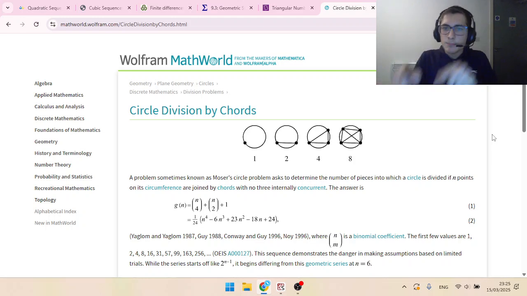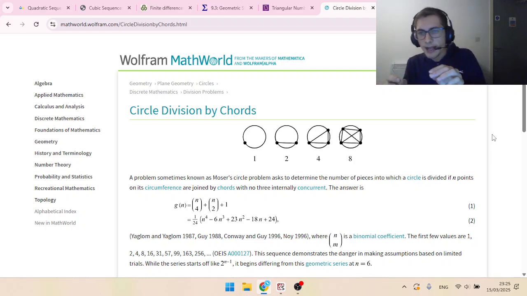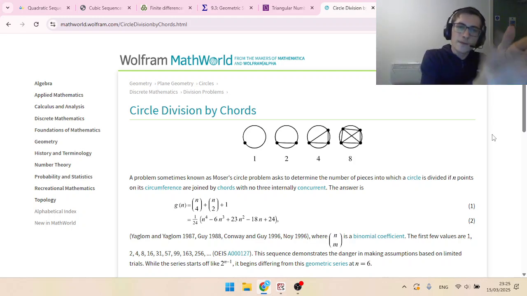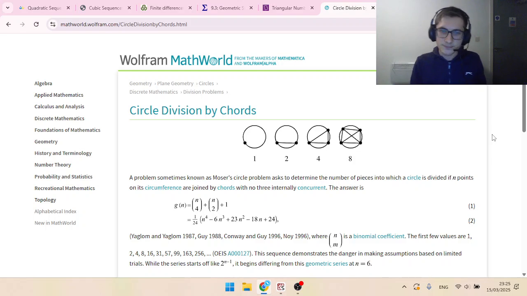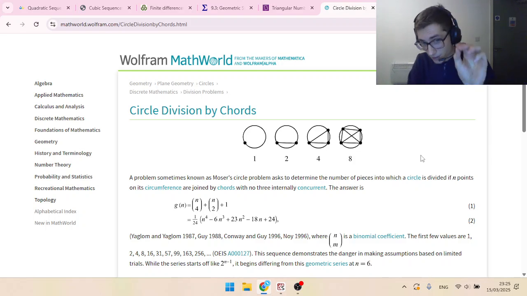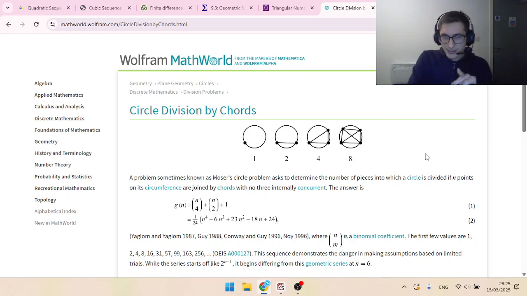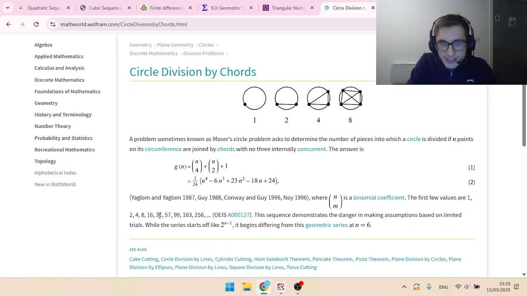We're joining each point to each point, and we're looking at the number of divisions of the circle that are left. And it just so happens that this is a quartic sequence, which is quite astonishing. It starts with 1, 2, 4, 8, and then it goes 16, 31.